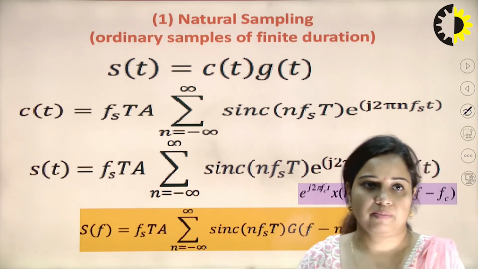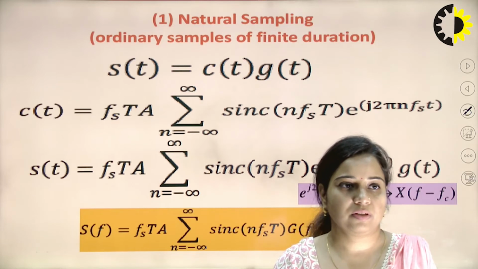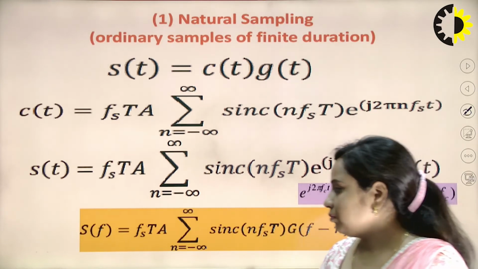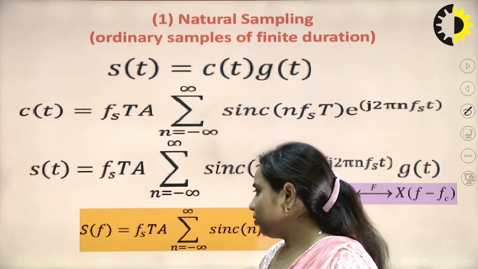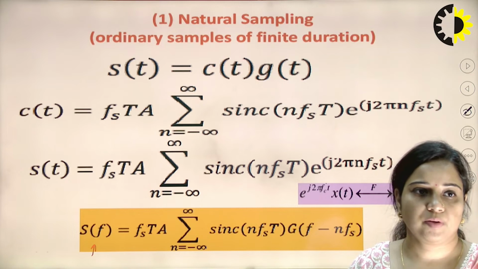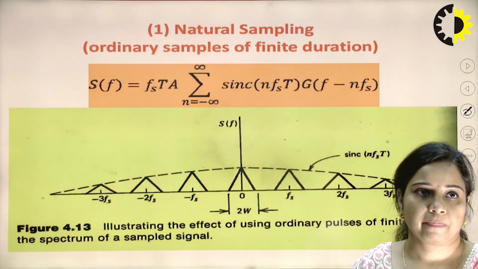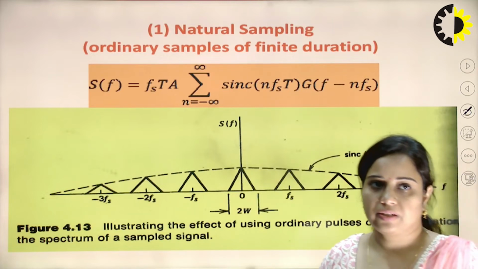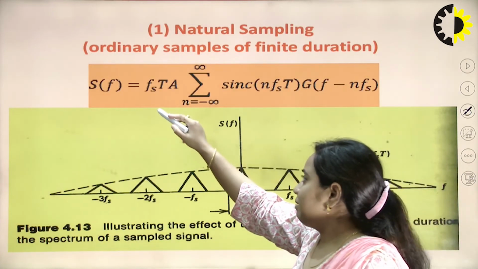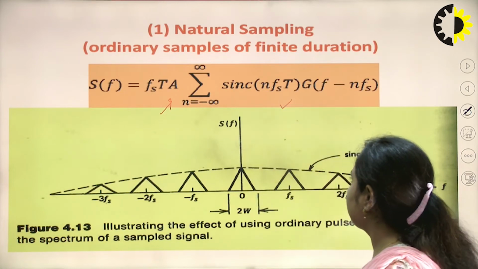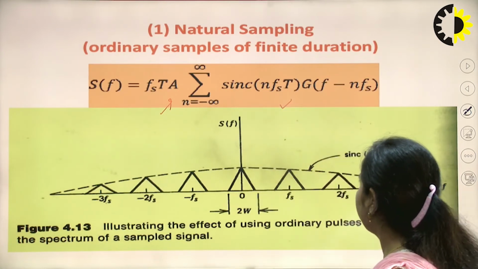S(t) is the sampled signal. Converted from time domain to frequency domain, these are ordinary samples of finite duration, where S(f) equals Fs tau into the summation over n from minus infinity to infinity of sinc(n Fs tau) G(f minus n Fs).